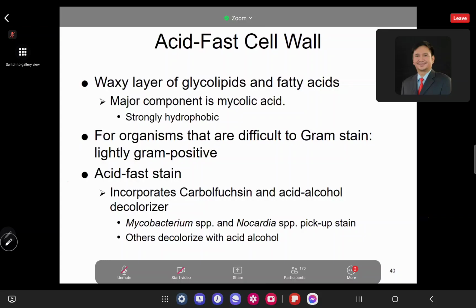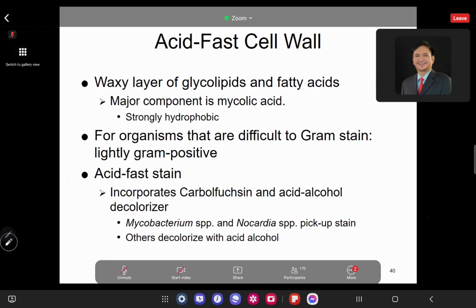This layer is strongly hydrophobic. It means to say it could resist water-soluble substances and contribute to resistance to desiccation and many chemical treatments.